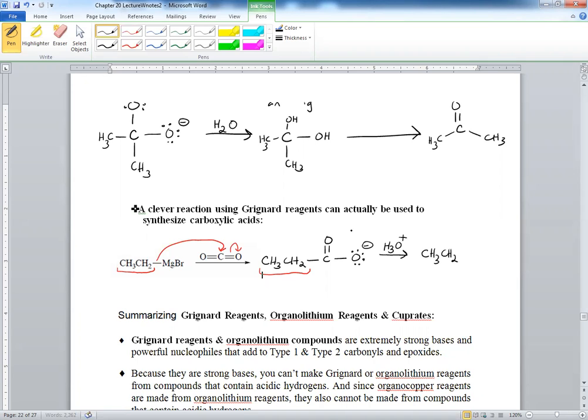The reason why you're using an acid is because this is weakly basic, so it needs a strong acid to react with it, and you end up with carboxylic acid. Very well.